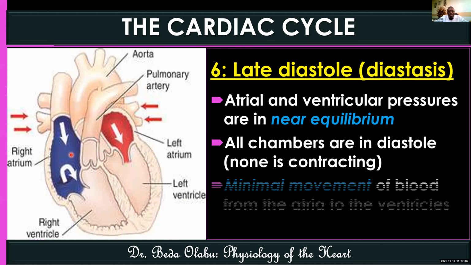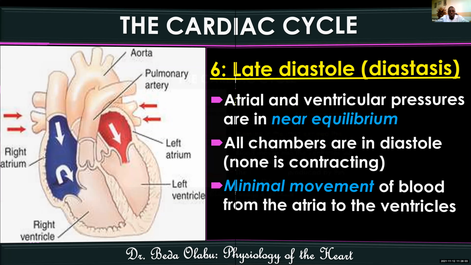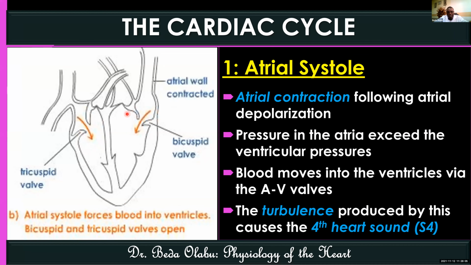Remember, during that period, all the chambers of the heart are in relaxation. We call it the period of diastasis or late diastole. After that, the next event will be the atria beginning contraction, marking the beginning of the next cycle.